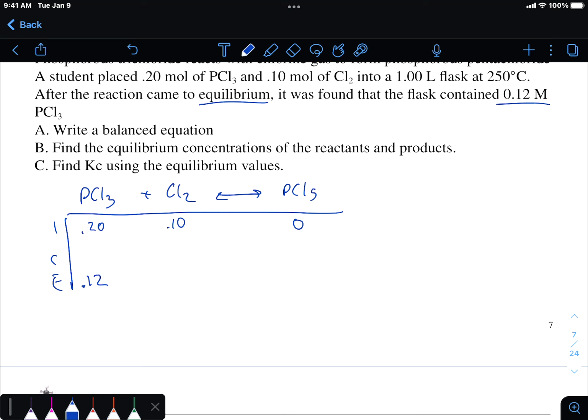So the first thing I can find is the PCl3 rate of change. Now, since I know how much PCl3 changes by, for chlorine I don't have any direct information, but I do have indirect information. How do I find the concentration of chlorine? What could I use as a guide?